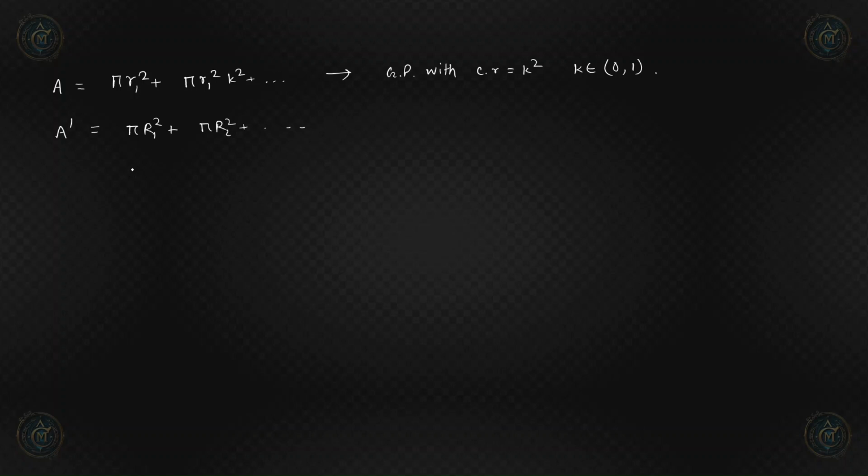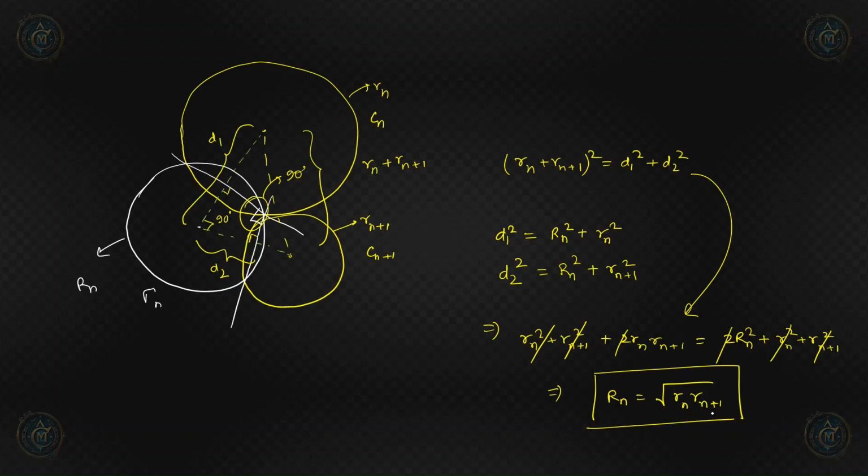Now if we look into this, we get pi times the summation n equal to 1 to infinity of capital Rn square, right? So capital Rn square is what? Capital Rn square is small rn times small rn plus 1.